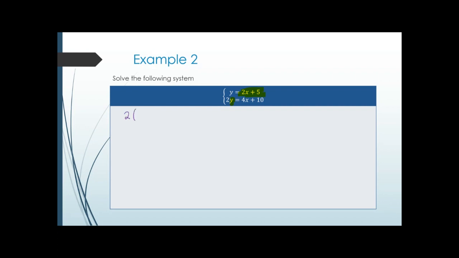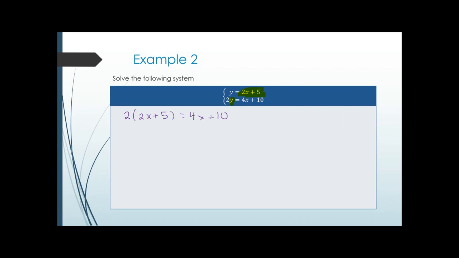So I have 2 times y, and y is equal to 2x plus 5. And then my right side is 4x plus 10. So I'm putting the first equation into the second equation.